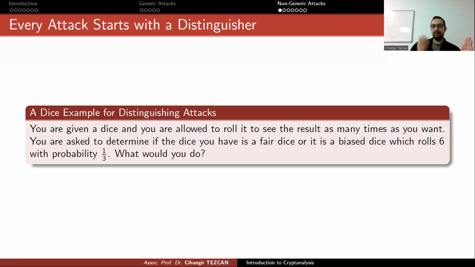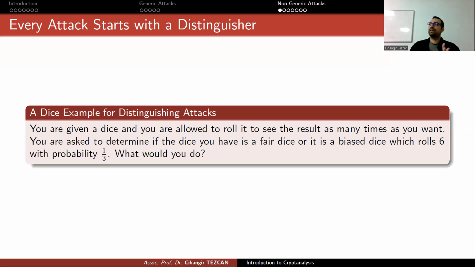So you put your threshold between n/3 and n/6. If the experimentally observed value is less than this threshold, then you say that it is a fair dice. If it is larger than that, you say that it is a biased dice.